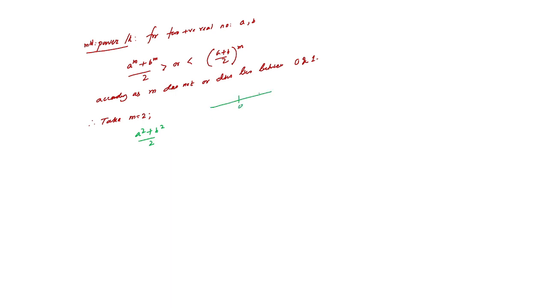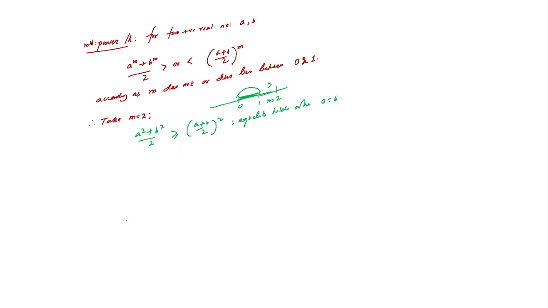Now m equals 2 is outside the interval 0 and 1, so the greater than or equal inequality holds: it is greater than or equal to ((a plus b) by 2) whole square, and equality holds when a equals b.